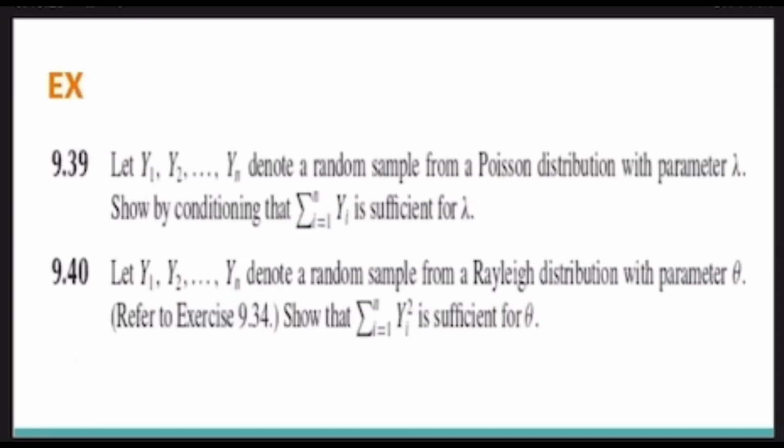You're given a Poisson distribution; you can be given any distribution. Show that summation y is sufficient for lambda. Lambda is a parameter in Poisson. Next, if y1 up to yn follow a Rayleigh distribution, that's another continuous distribution in statistics, show that summation y squared is sufficient for theta. I will advise you to follow the Fisher-Neyman factorization theorem.